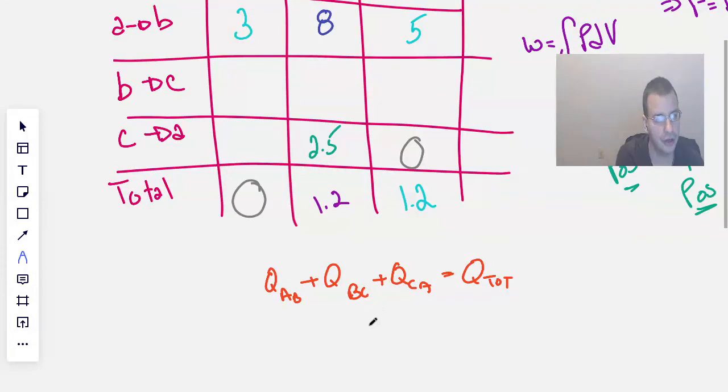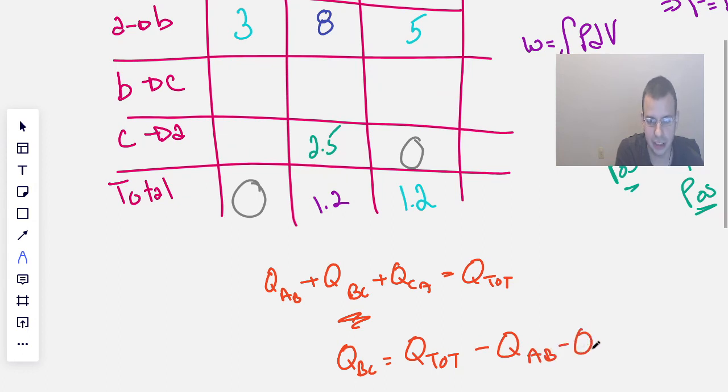And so if we're looking for QBC, QBC is going to be Q total minus QAB minus QCA, which is Q total, which is 1.2, minus QAB, which is 8, minus QCA, which is 2.5.